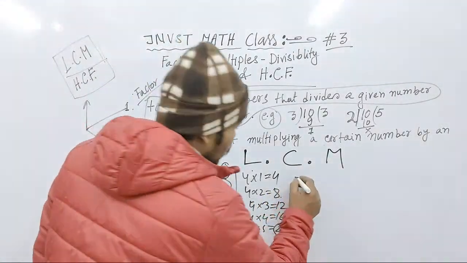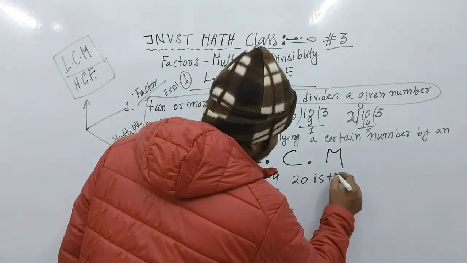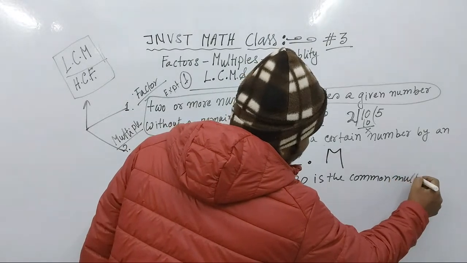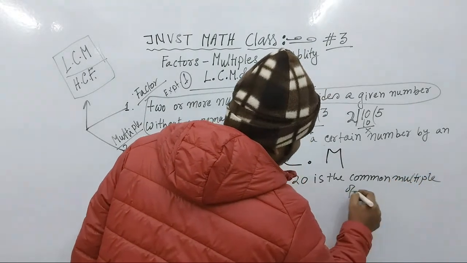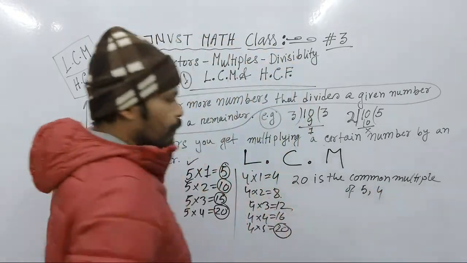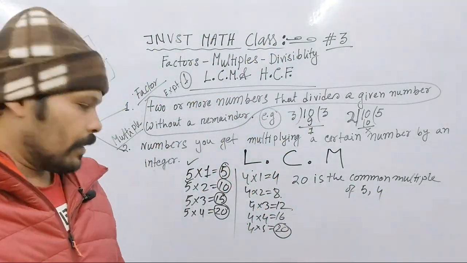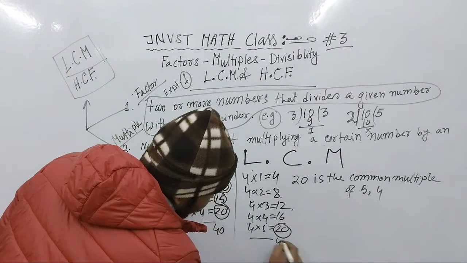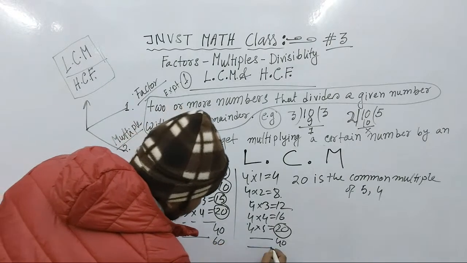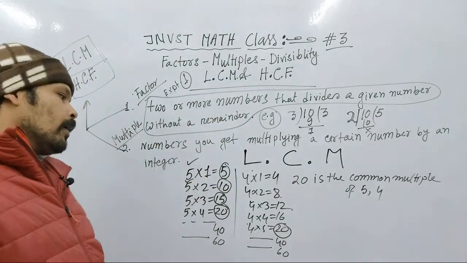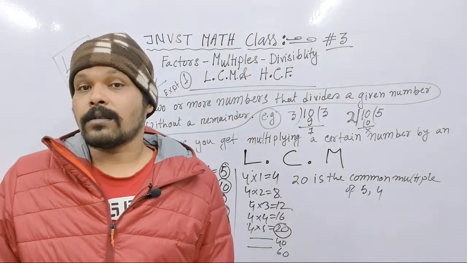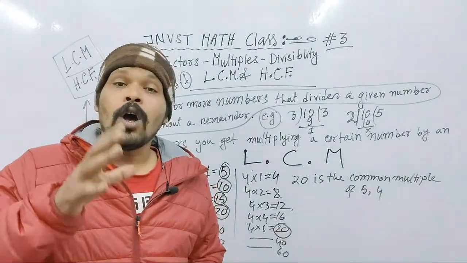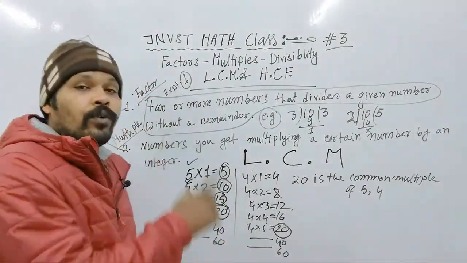Here 20 is the common multiple of 5 and 4. And also like this 40, here also 40, here also 60, here also 60. Then we have to find out the common multiples of two numbers, 5 and 4.